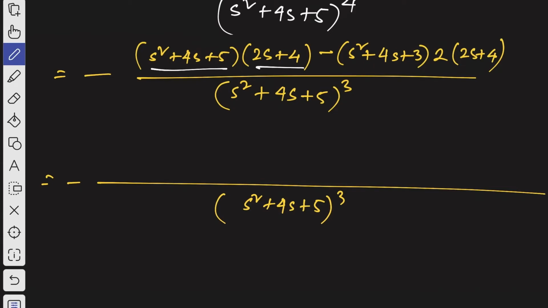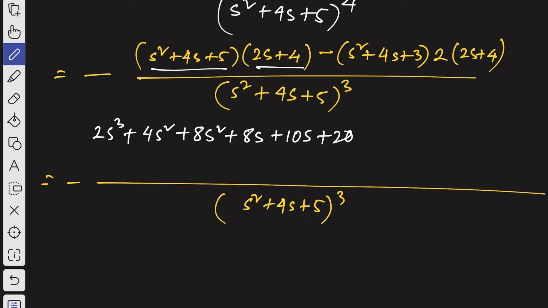So if you multiply these two, then you should get, so let me do here, twice s cube, then plus 4s square, then plus 8s square, then 8s, then you will get 10s plus 20. That's what you will get, right?